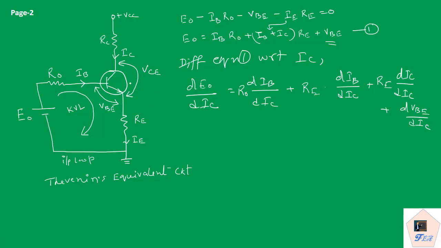Now, an interesting point: E naught is a DC battery voltage, so we can consider it a constant, and VBE is also constant for a given kind of transistor.